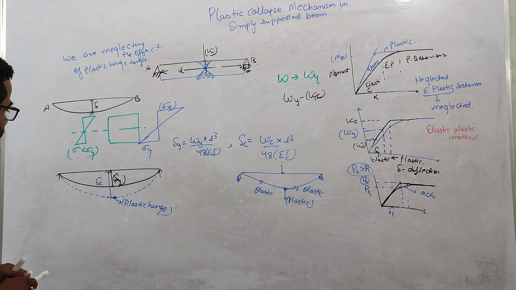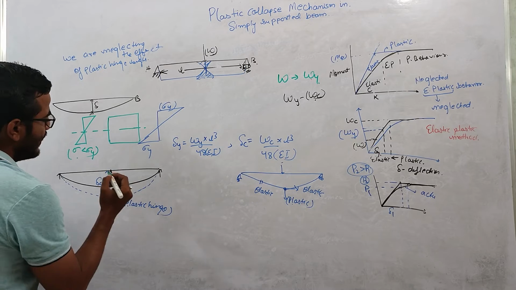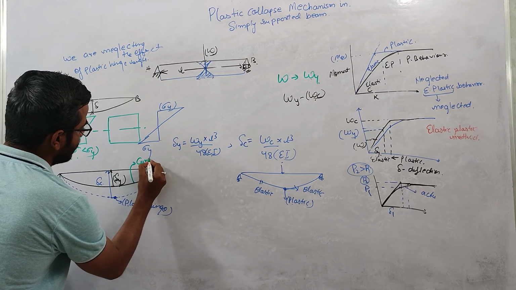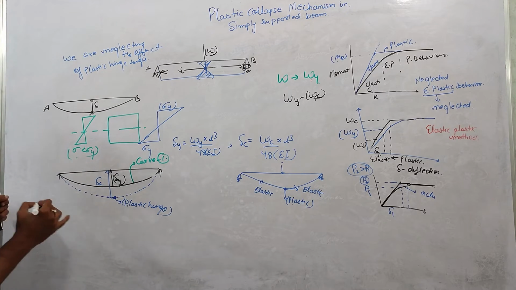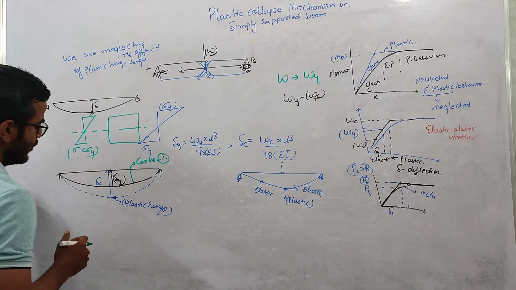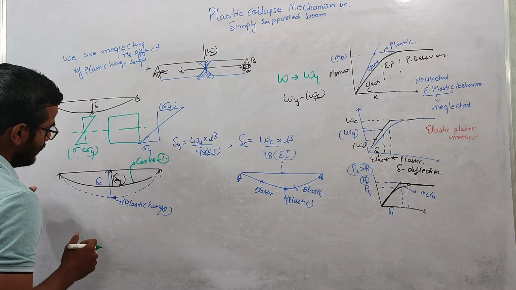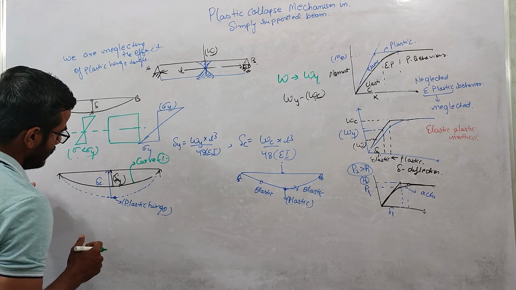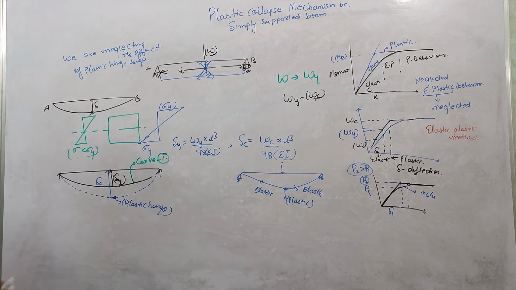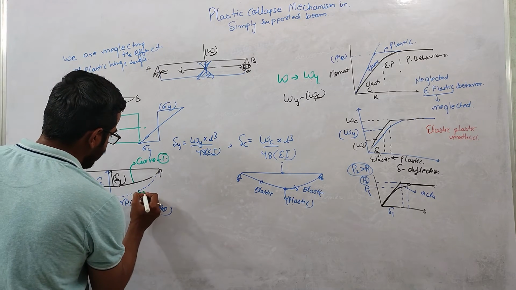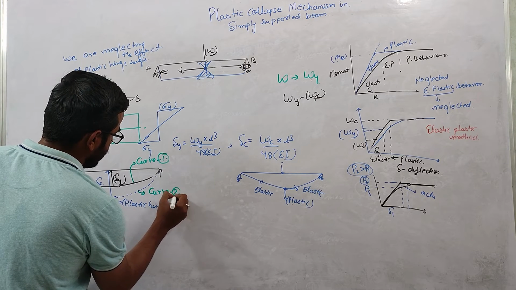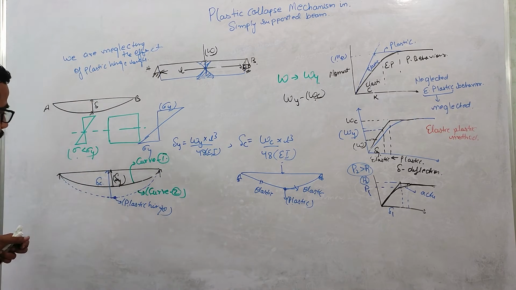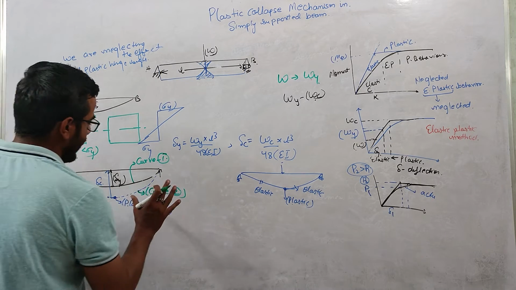Okay. So now one more thing. During the yielding state, let us suppose this is curve 1. Okay. And during the plastic state, this is curve 2, right?